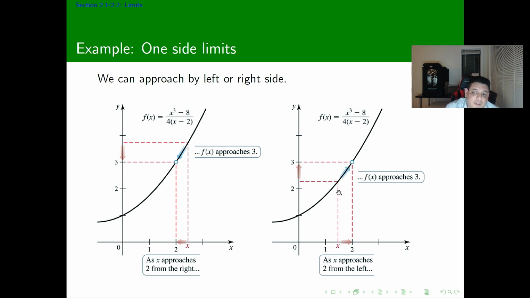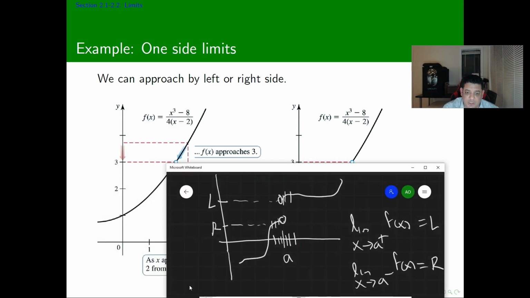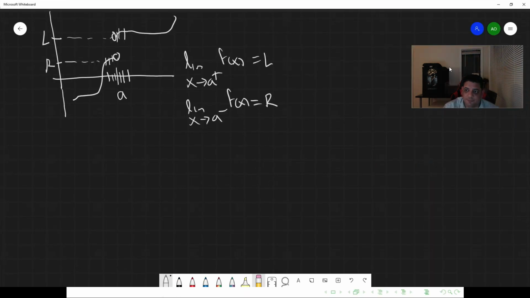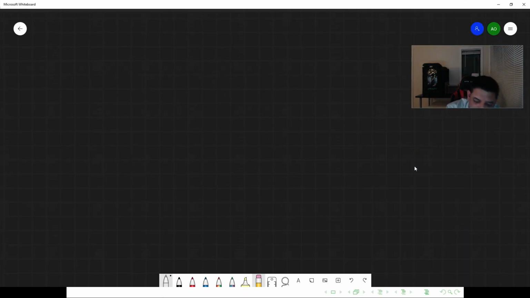And so at this point, we can say that the limit when x goes to 2 is going to be 3. And by the way, the notation of that will be: limit when x goes to 2.